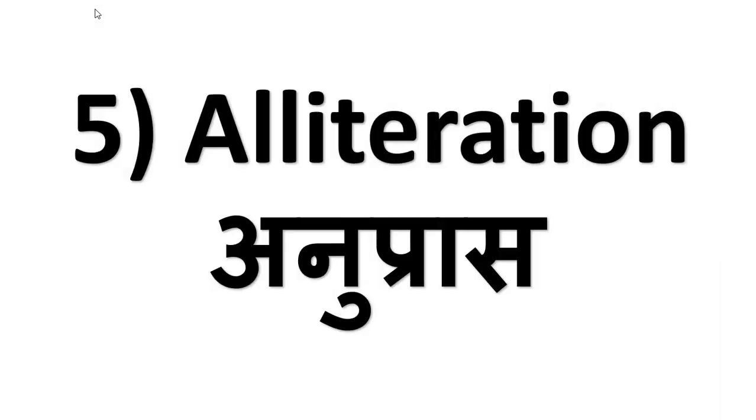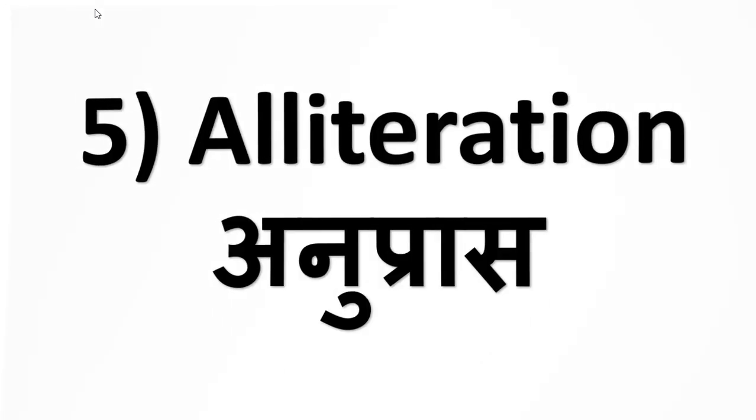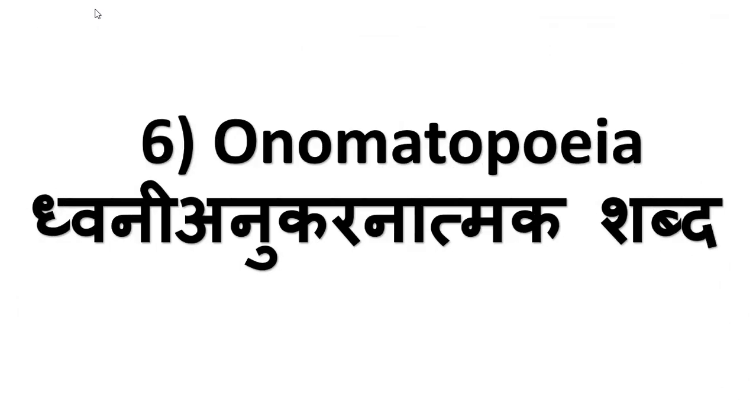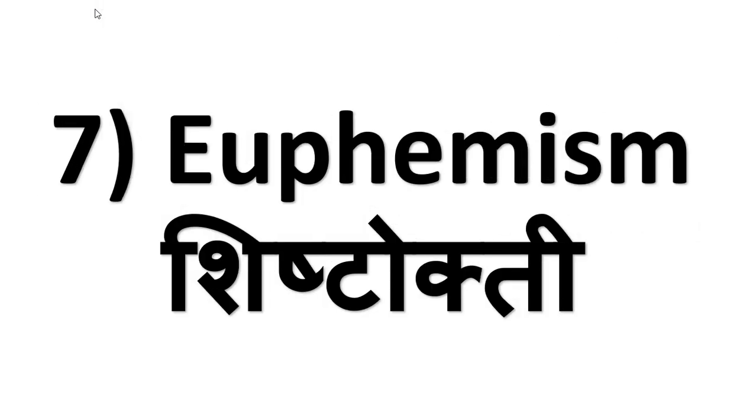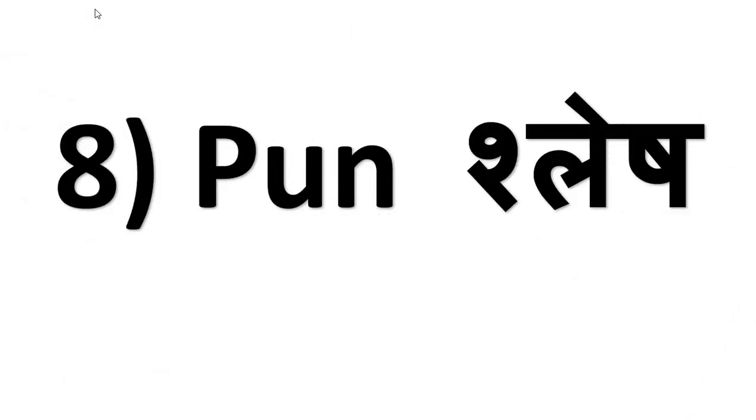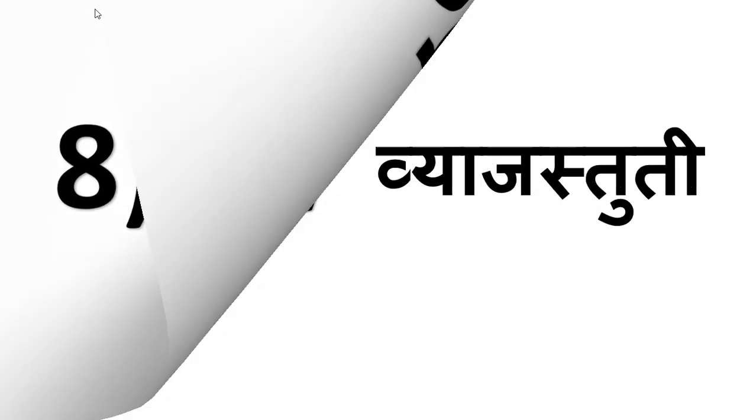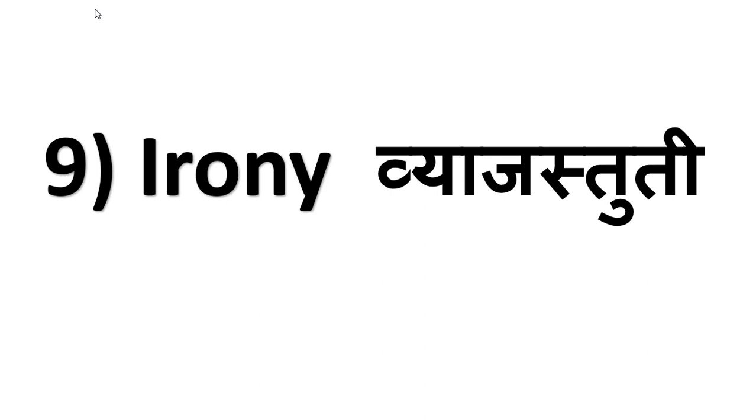Alliteration, अनुप्रास अलंकार. Then onomatopoeia, ध्वनि अनुकरणात्मक शब्द. Next, euphemism, शिष्टोक्ती. Pun, श्लेष अलंकार. Irony, व्याज स्तुति.